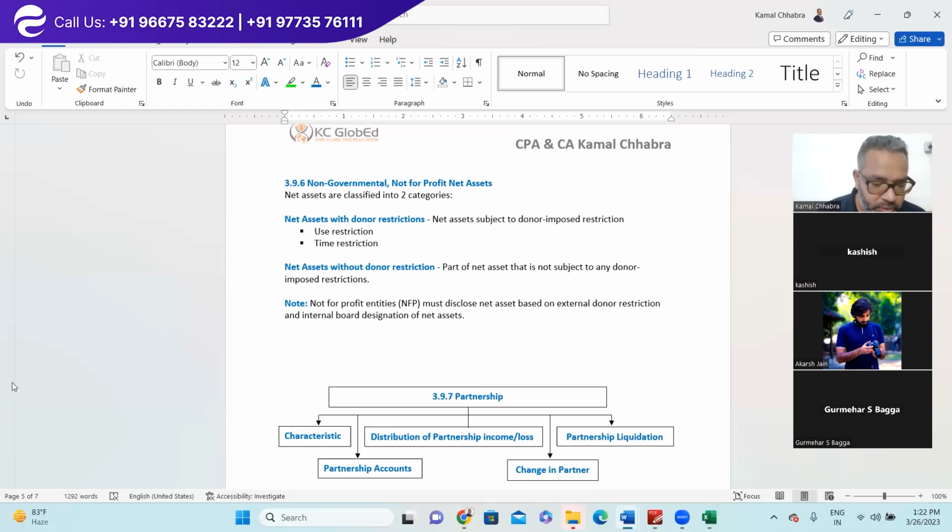Yes, sir. So there are two types of restriction from the donor. One, it can be time restriction. Other, it can be use restriction. If there is no restriction, for example, we go to the temple, or we go to the church, or we go to the Gurdwara, and we donate a certain amount in cash. So that is unrestricted cash.